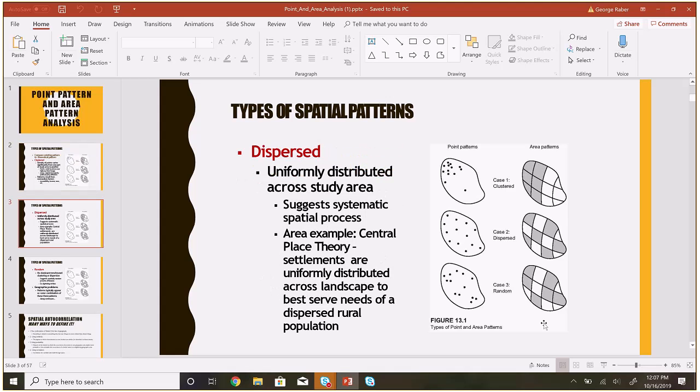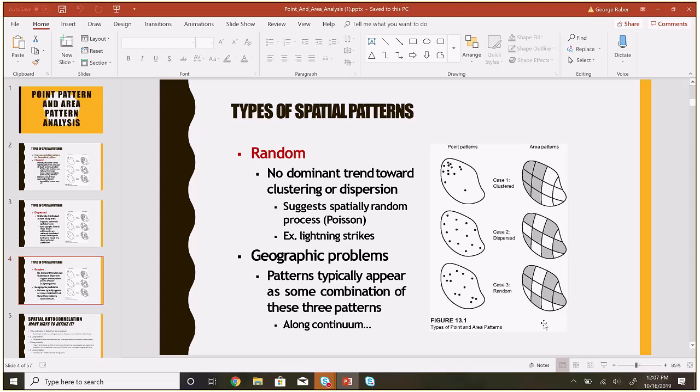If it's dispersed, for example, last week we talked about central place theory, then what we're saying is there's a spatial process that tells us that thing develops in locations that are far enough away from other things of the same type. And finally, if it's random, that means that there's no dominant trend.